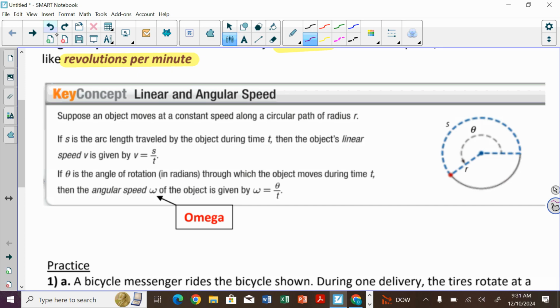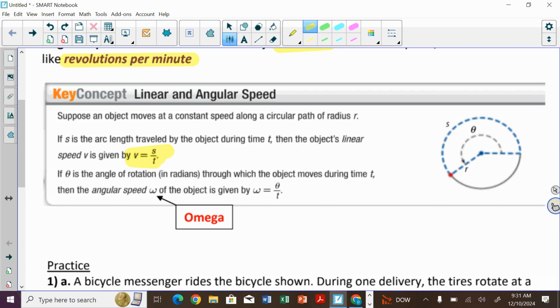We already have an s for arc length, so we can't use it for speed. So s is the arc length, and t is the time. Then the linear speed is v equals s over t. That will give you linear speed.